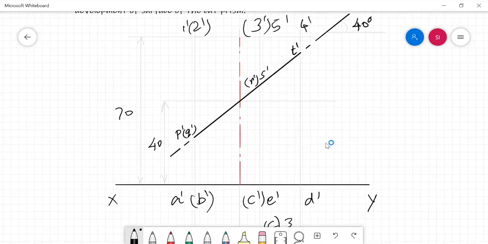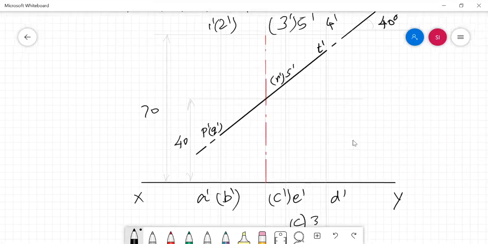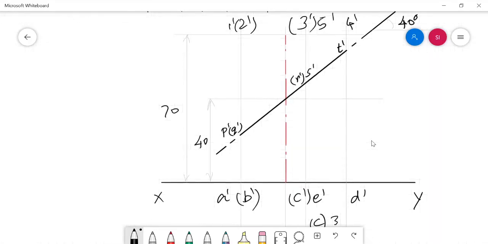It's better to note down the address of each and every cut point from the front view. For example, the cut points P, Q, R, S, T. The cut point P is dedicated to the edge 1A because P is without bracket among 1 dash A dash and 2 dash B dash, 1 dash A dash only without bracket.